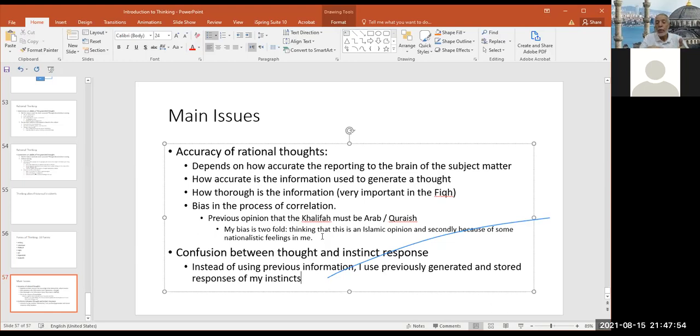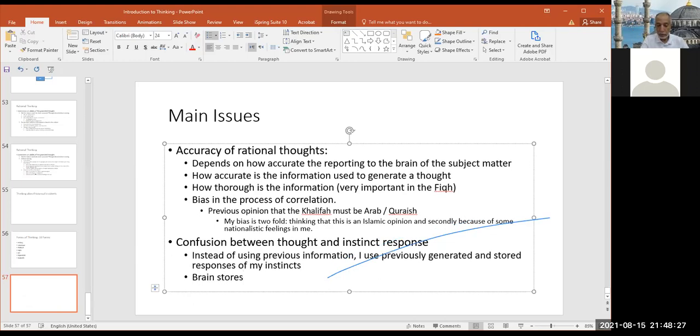And so when you pass a judgment, instead of bringing up an information, which is really a thought, and this thought had been either generated by you and it becomes part of your previous information, or generated by other people and you got it in your brain and this becomes yours. So these are thoughts.